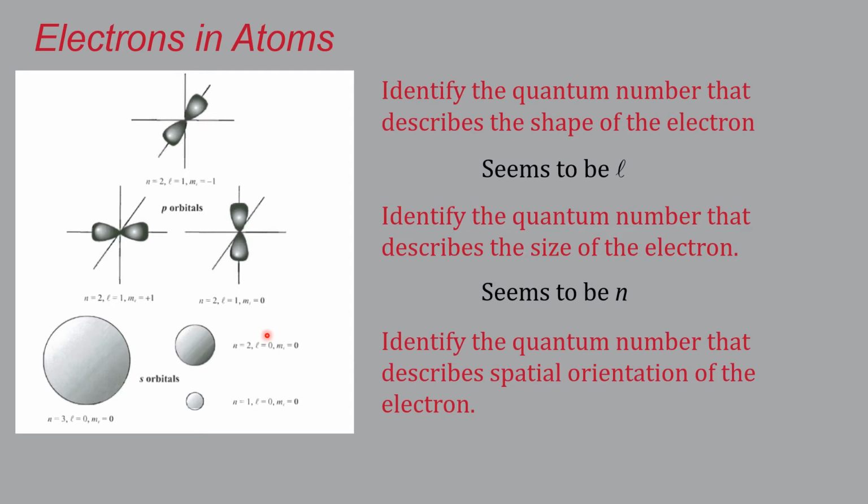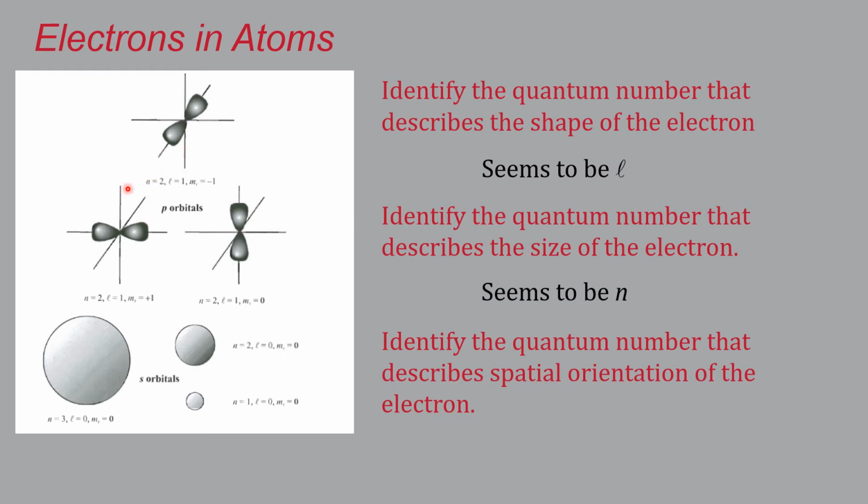And finally, spatial orientation. Well, these here are spherical, so spatial orientation doesn't really mean much for these guys. But for electrons that are like these, you can see that they are aligned along, in this case, the XYZ axes.